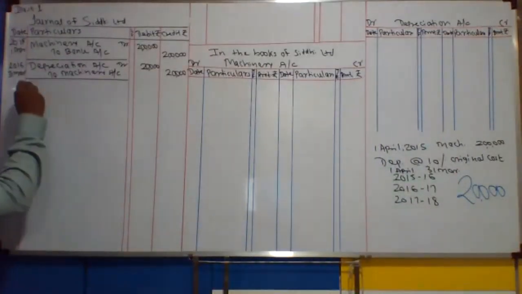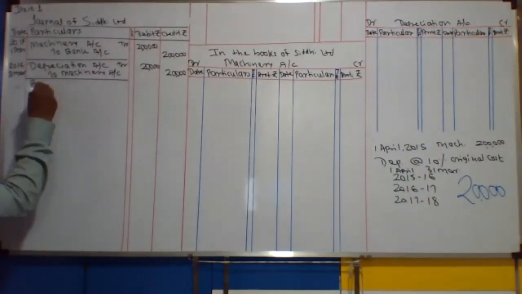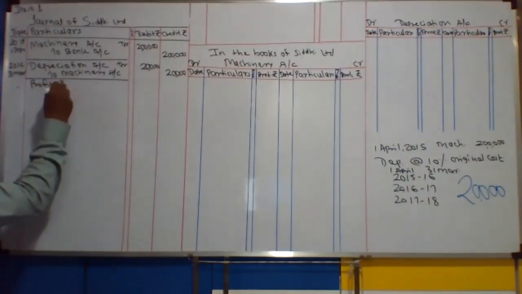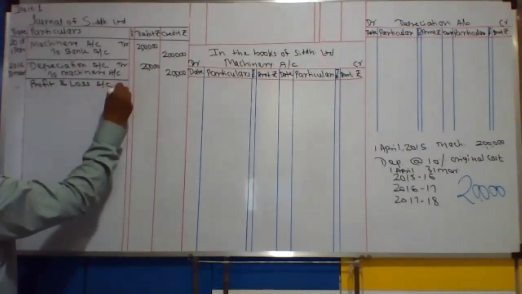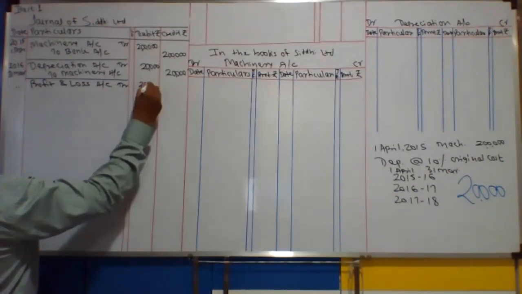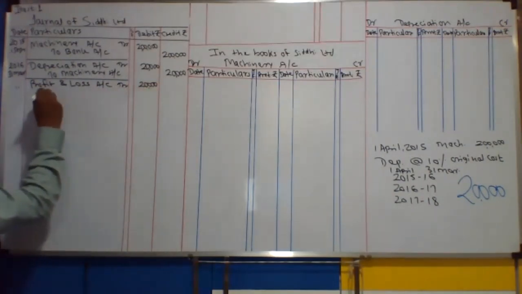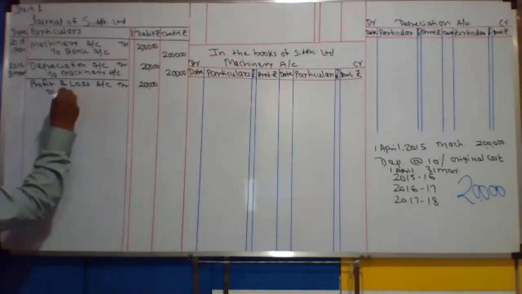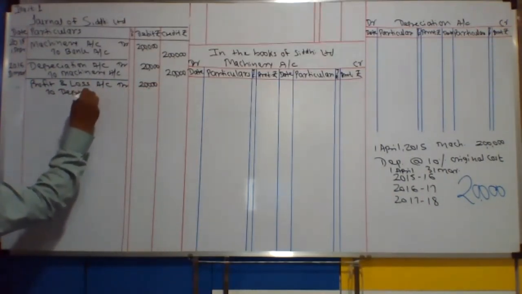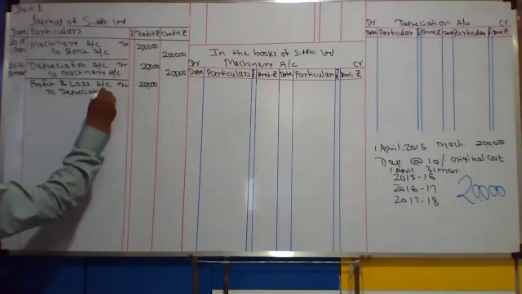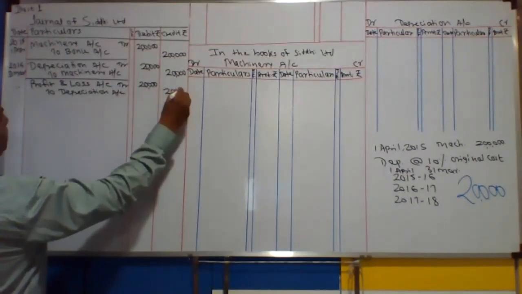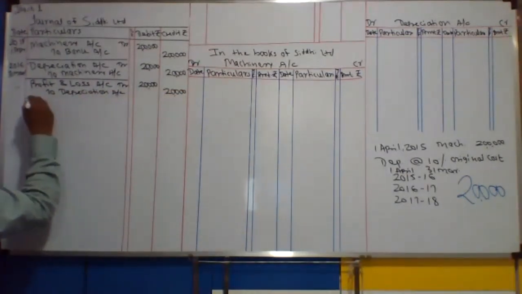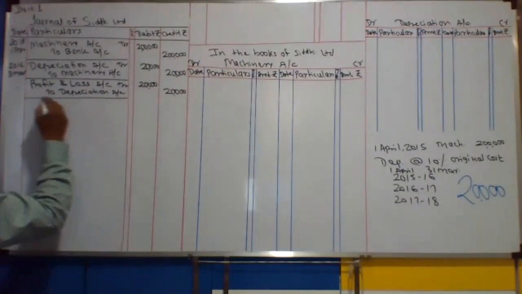The entry for that. Profit and loss account debit rupees 20,000 to depreciation account. Profit and loss account debit to depreciation account, rupees 20,000.